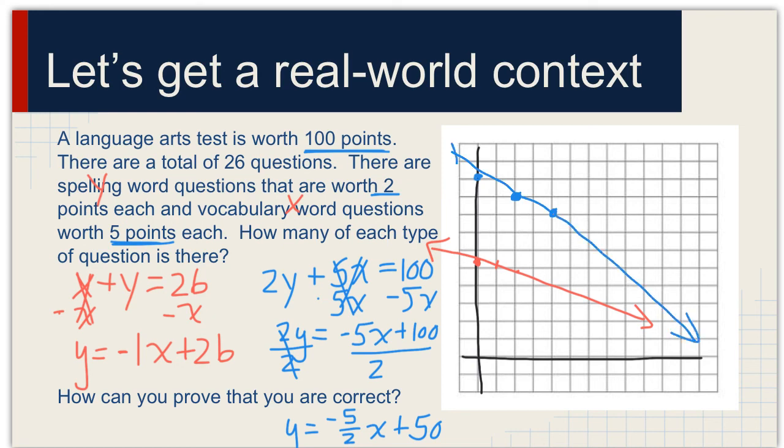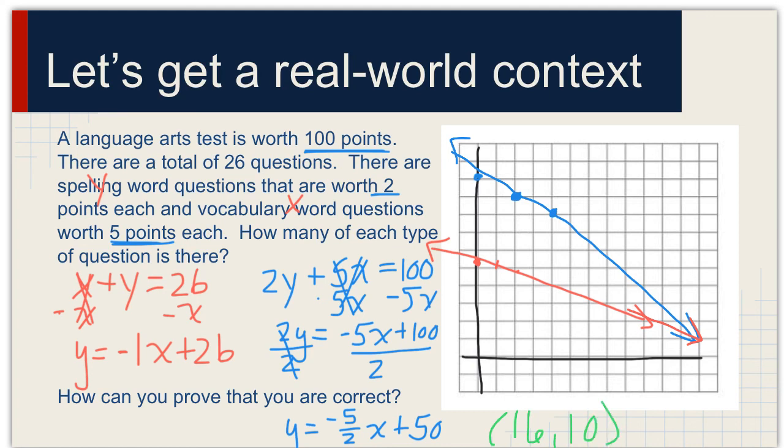All right, so I'm about to give you the reason why graphing is not the best option. Sometimes the graph is too big or not accurate enough. Now, if you had a bigger piece of graph paper than I did, it is possible that you intersected at 16, 10.